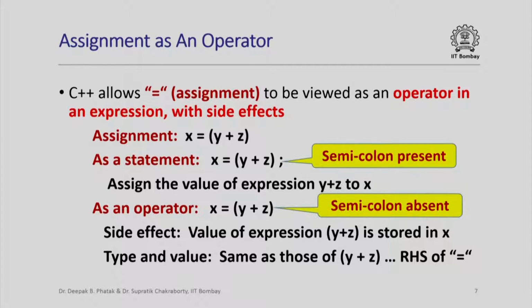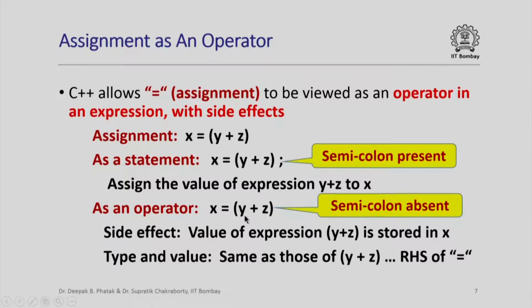So this becomes an assignment expression using the assignment operator, and this expression, like any other expression, has a type and value, but this expression also has a side effect. The side effect of evaluating this expression is exactly the same effect as you would get if you executed this statement as an assignment statement.